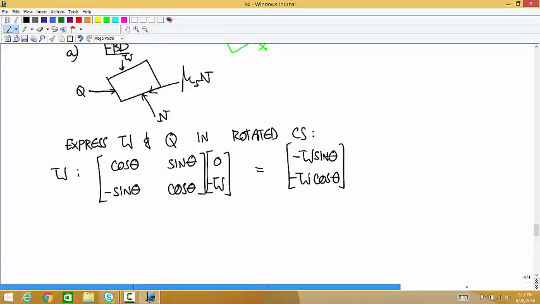Any questions about that? It's negative W because we don't have the mass, right? It's negative W because that's given as a force instead of as a mass.